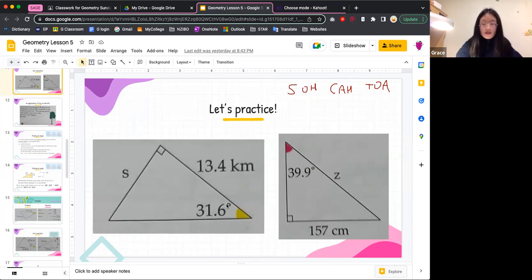So we know the angles. Whoops. Okay, so we know this angle. So can we start off by labeling which side is the hypotenuse, which side is adjacent, which side is opposite? Then we can use the right ratio to help us find the answer.